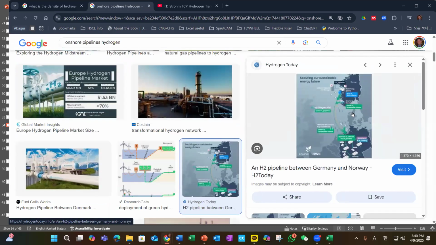This represents Norway to mainland Europe, and there are pipeline systems, of course onshore and offshore together.